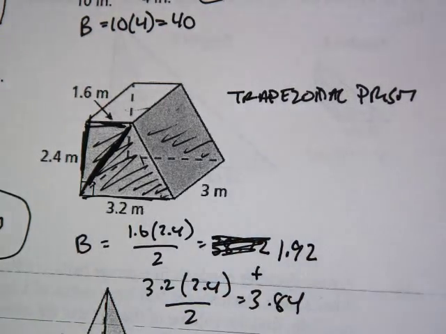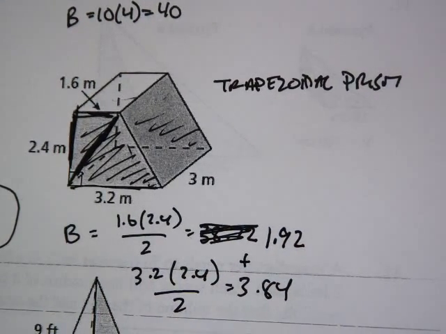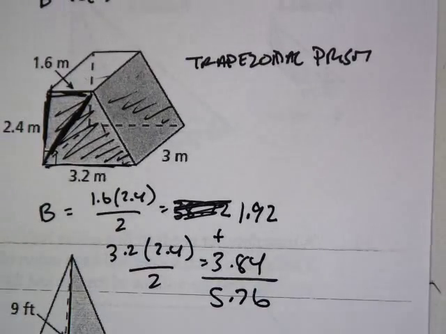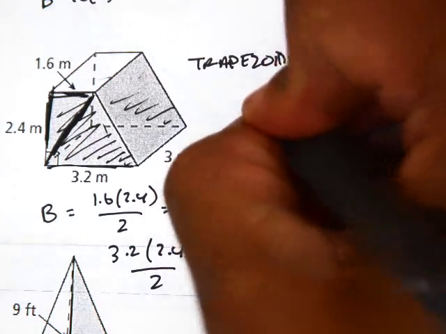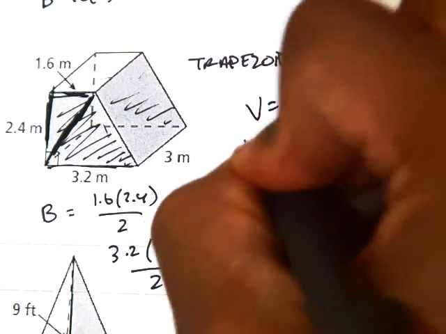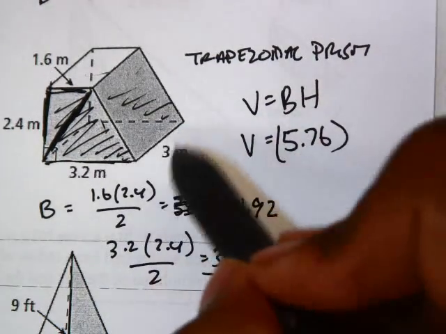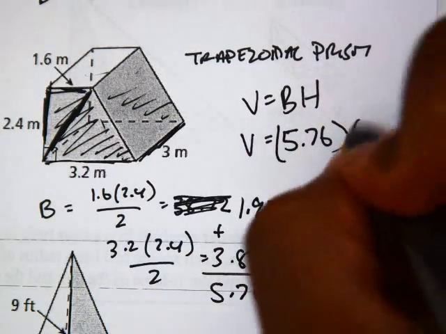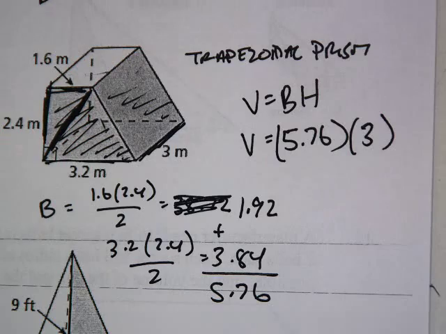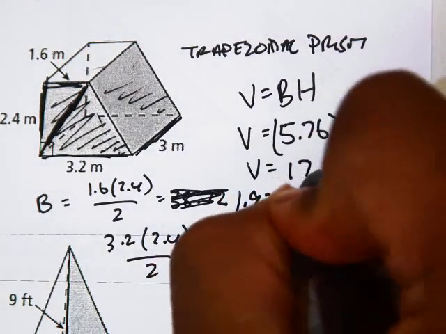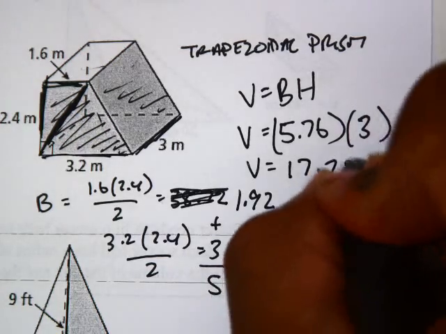And we're going to add these together and get 5.76 as our capital B. So volume equals capital BH. 5.76 times the height connecting the two bases, which is this length of 3. So that's 17.28.